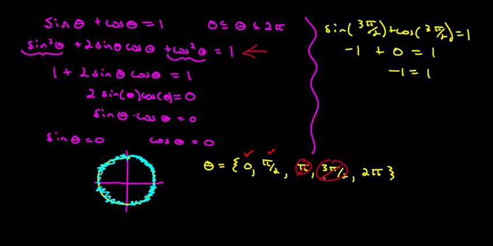But since 0 radians worked, 2 pi will also. So our solution set is going to be 0, pi over 2, and 2 pi.